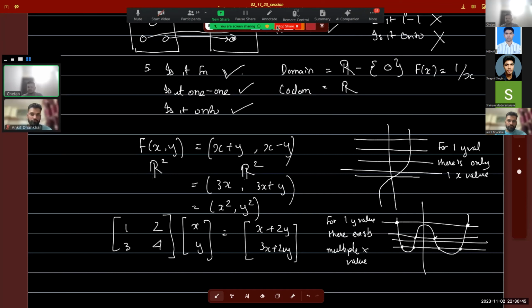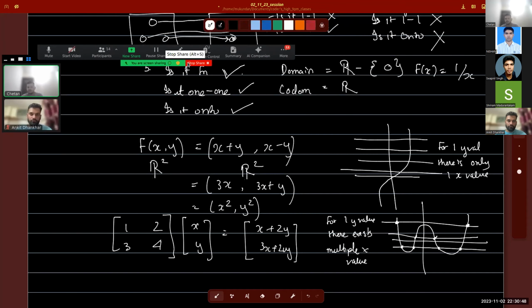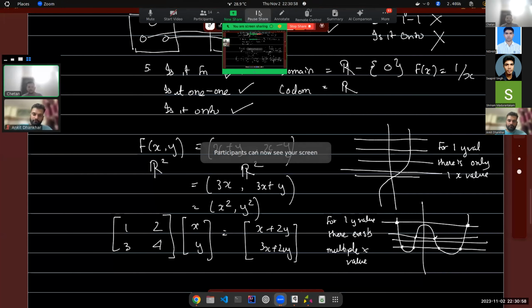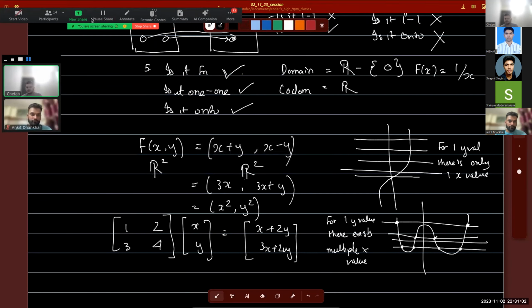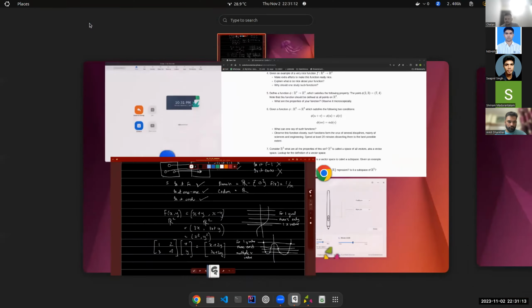In my second quadrant, my input will be negative. But in both the cases, I am having the same outputs.